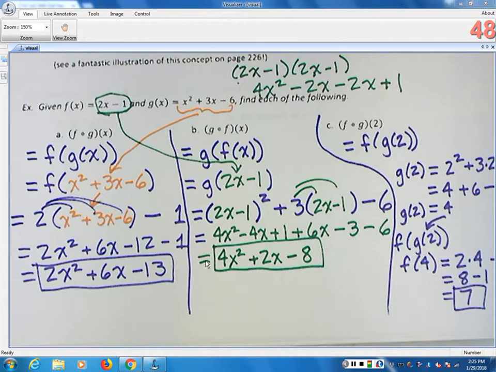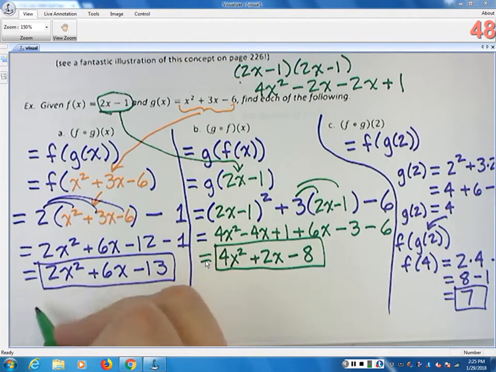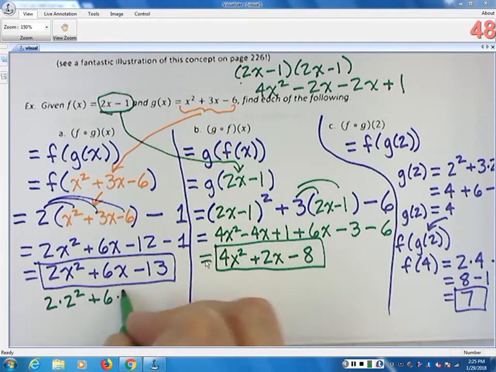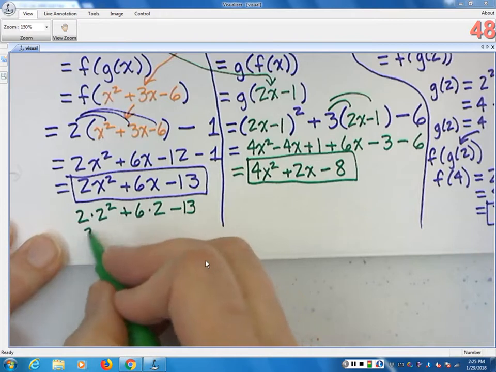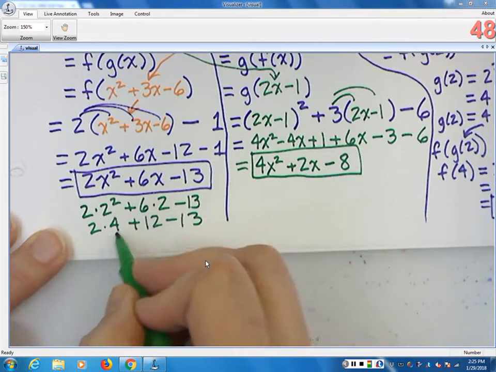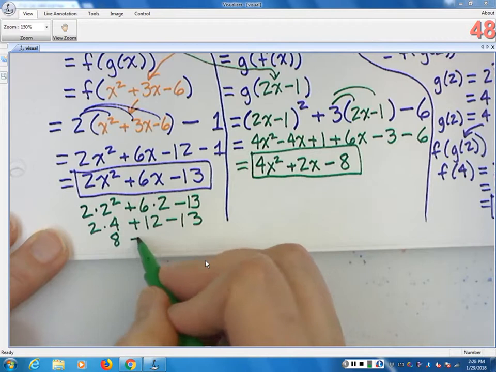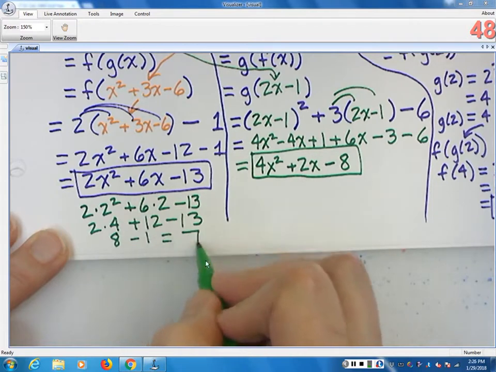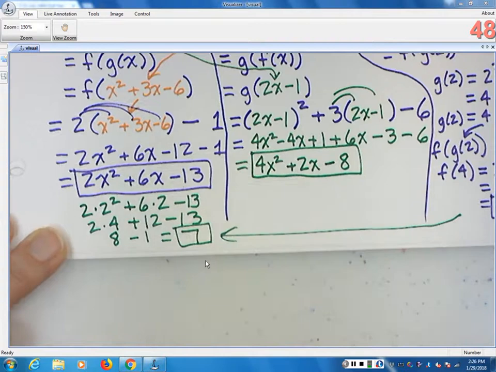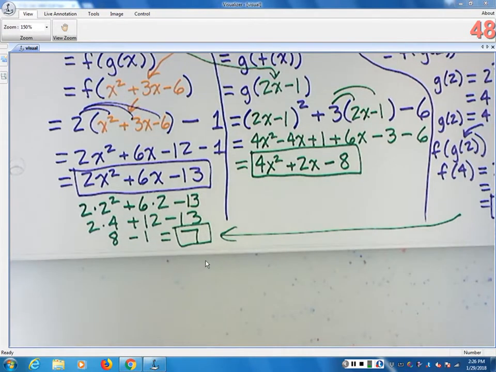But if we want to replace x with 2, it's 2 times 2 squared plus 6 times 2 minus 13. That's 2 times 4 plus 12 minus 13. 8 minus 1 is 7. So we could have got the same answer, 7.